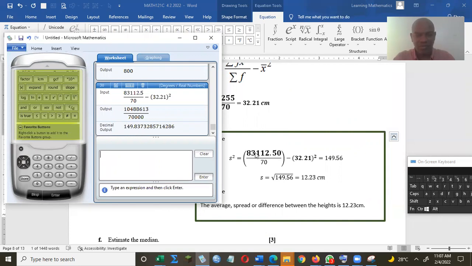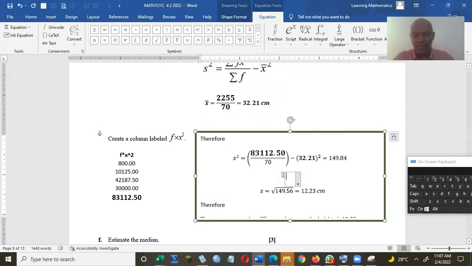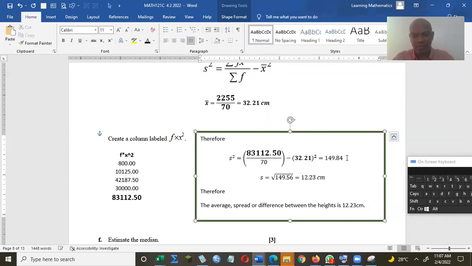So 0.84, 149.84, or we can just change that to 84, and we're going to square root 149.84.